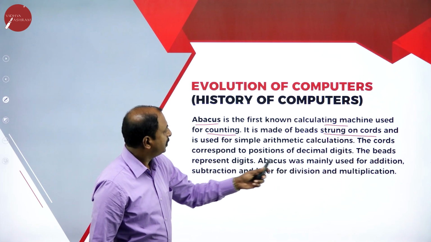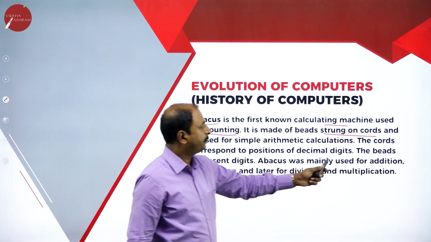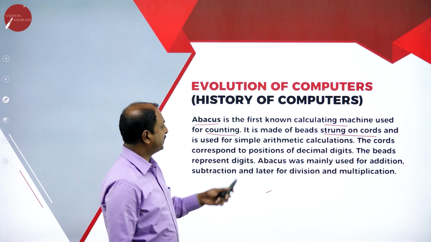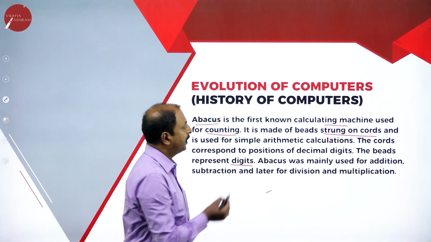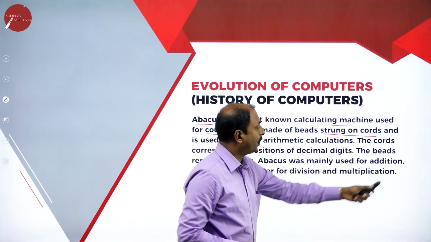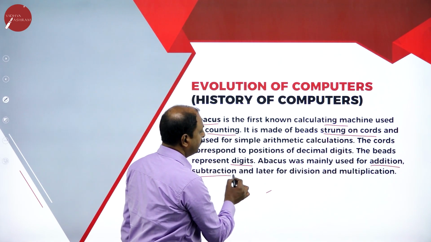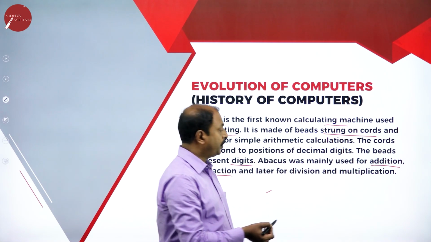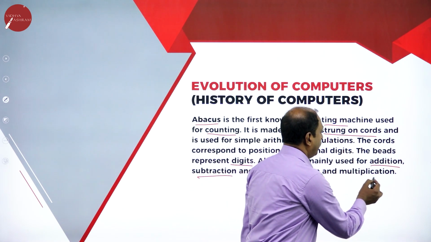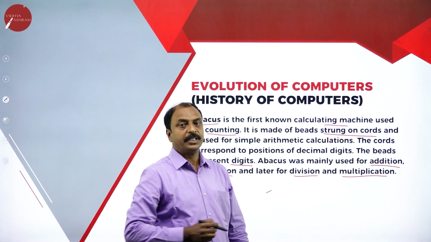The cord corresponds to the position of the decimal digits. The beads represent digits. Abacus was mainly used for addition and subtraction. And nowadays we are using abacus for division and multiplication.